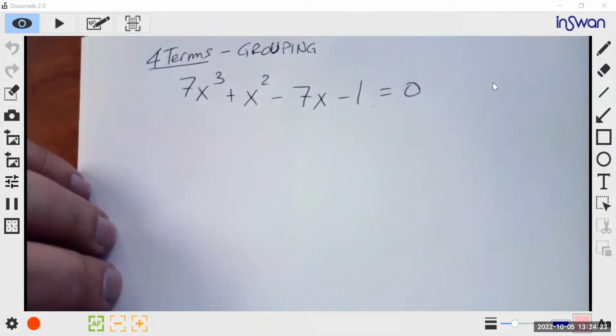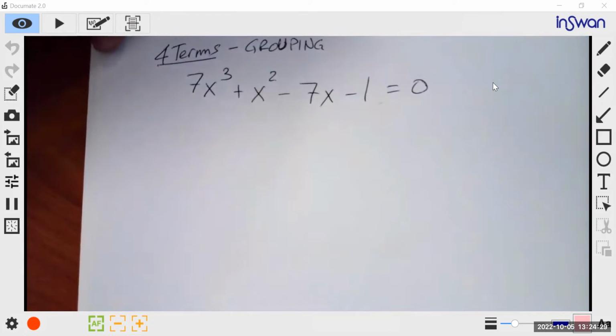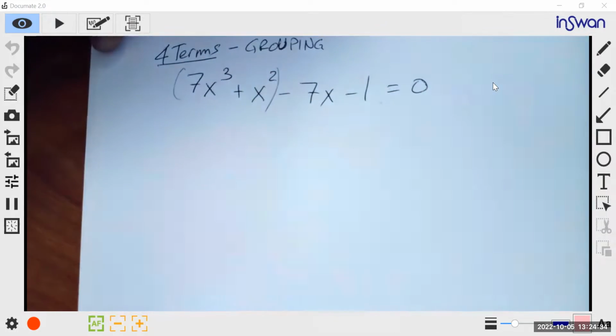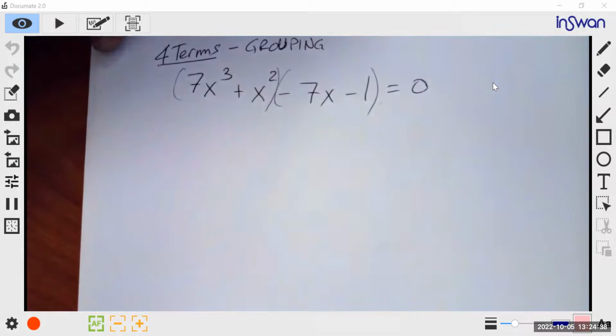G-R-O-U-P-I-N-G, grouping. What the grouping method says is this. I put a parenthesis around the first 2, and I put a parenthesis around the second 2. I group the first 2 and then the second 2.